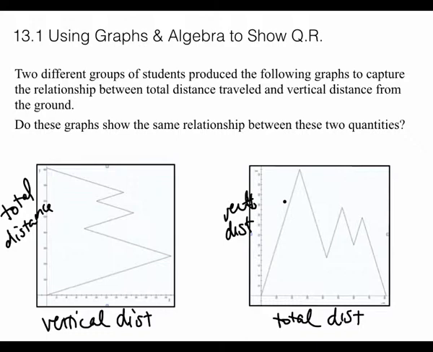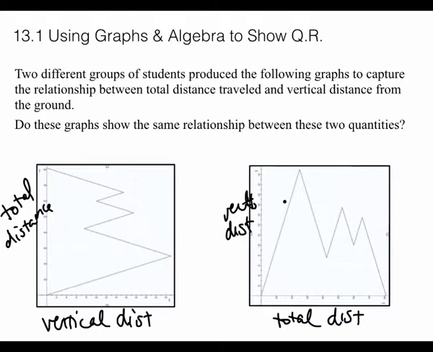Output. Yes. Okay, so for each value of total distance, how many corresponding values of vertical distance are there?